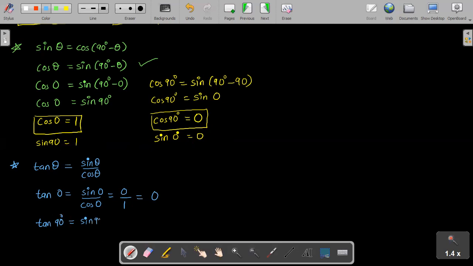Okay, let us do tan of 90 degree now. Sin of 90 degree divided by cos of 90. Sin of 90 is 1. Cos of 90 is 0. What is the answer for this?